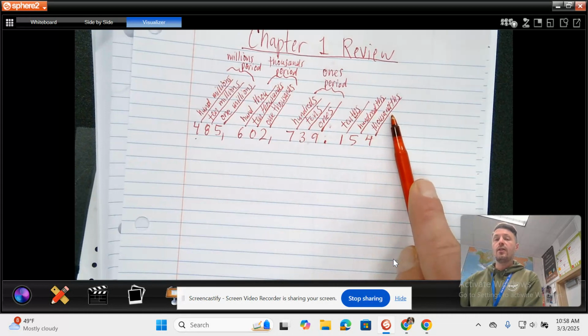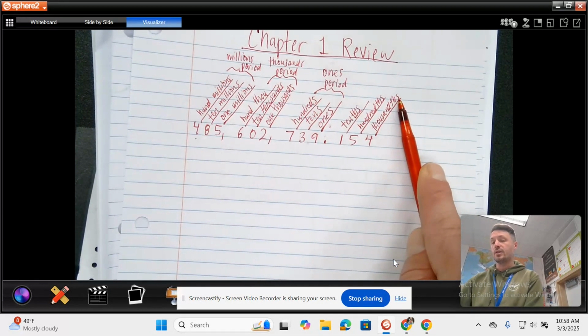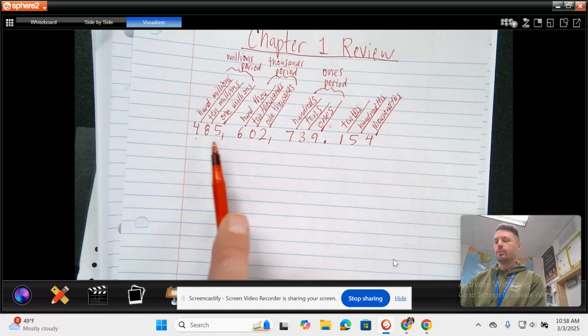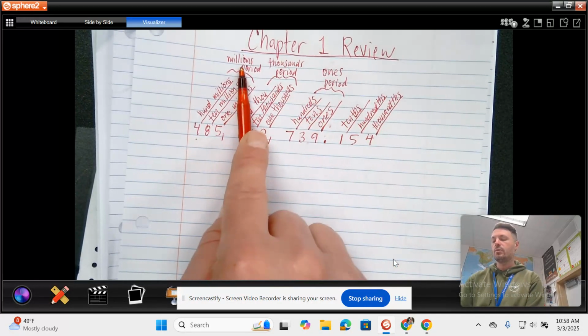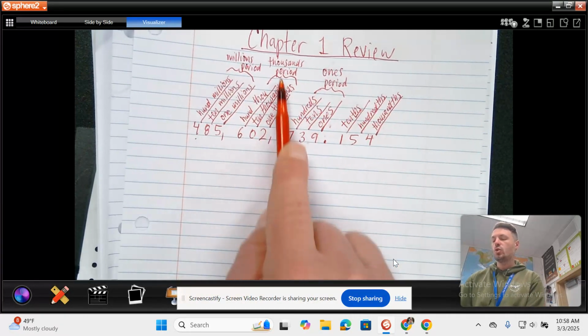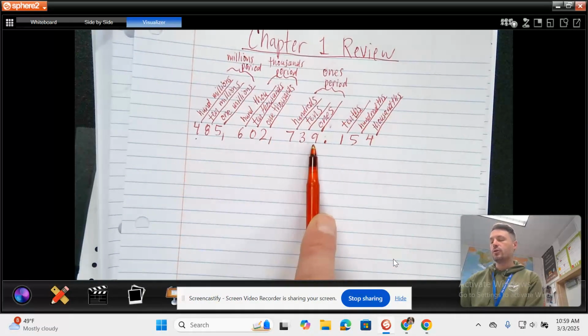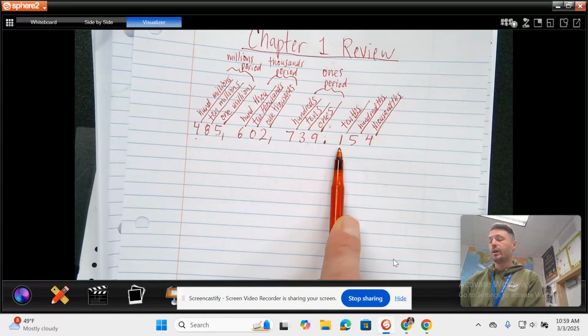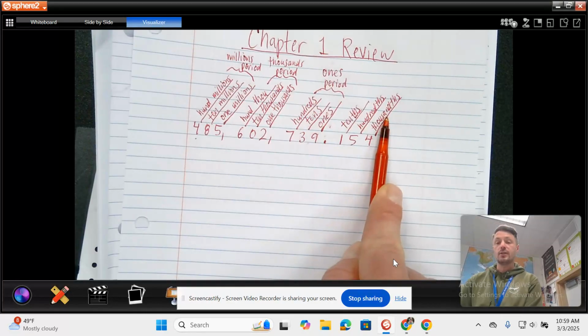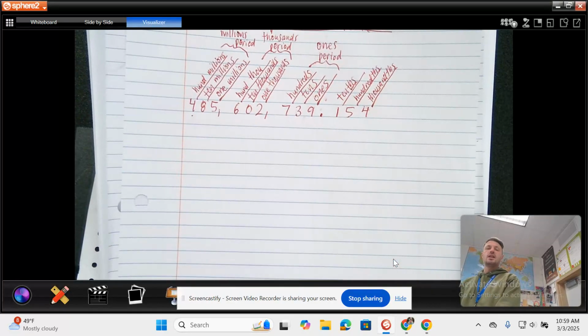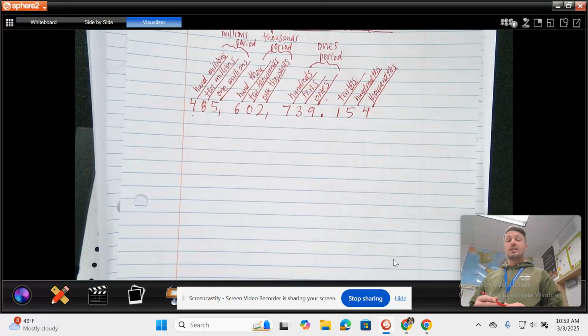And then we say the name of the farthest place value position to the right, which is thousandths. So the way we'd say this whole number is 485,602,739 and 154 thousandths.